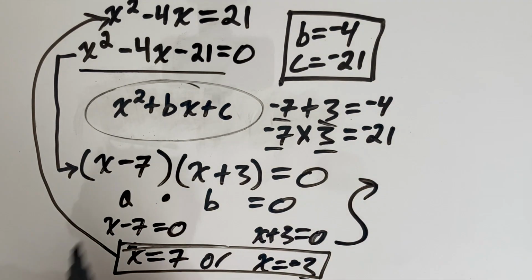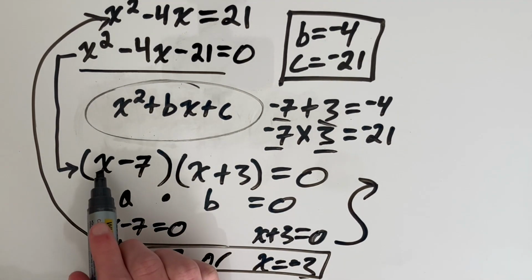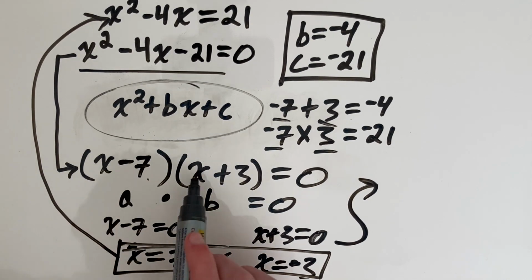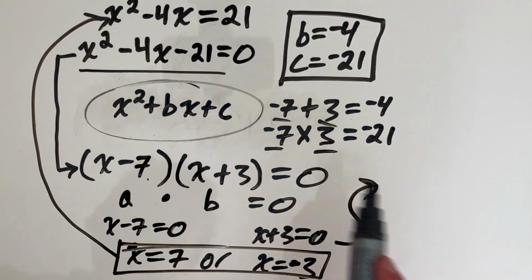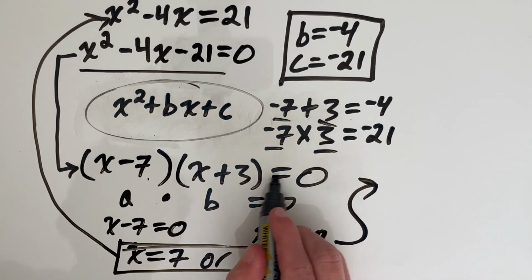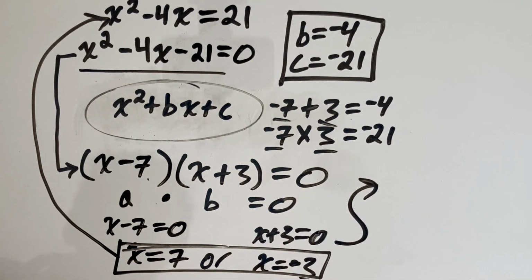Once you have those two numbers, simply go x and then plug in your number right next to it. So in my case, those numbers were x minus 7 and x plus 3, because it's positive 3. That is still equal to 0, and simply solve for x. So we have x minus 7 is 0, or x plus 3 is 0, so x is 7 or x is negative 3.